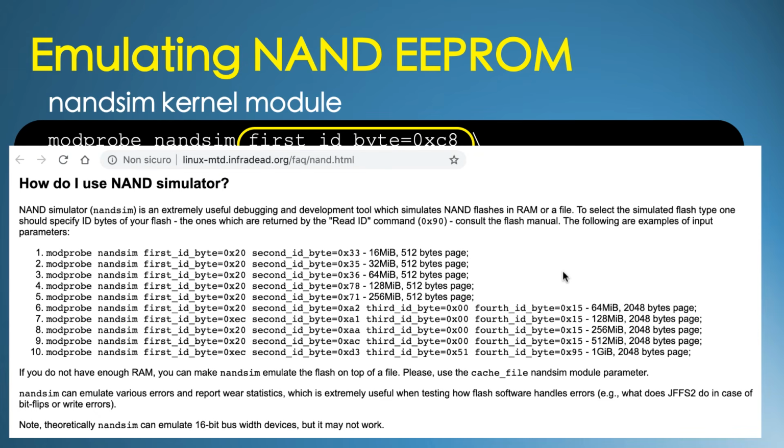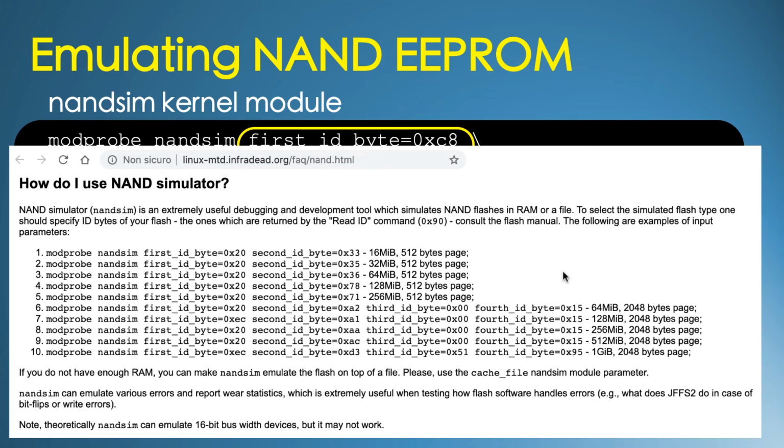You can see that they are related to the NAND EEPROM size and its page size. These parameters and the ID value of the EEPROM are returned by the readID command that the bootloader and the kernel use to identify the chip. We can use multiple ways to understand what is the correct ID parameter.